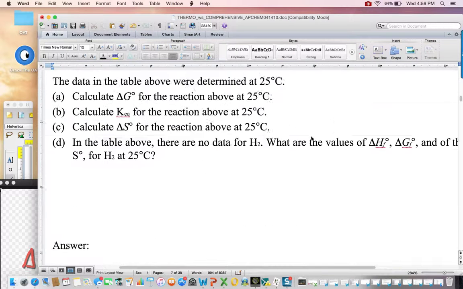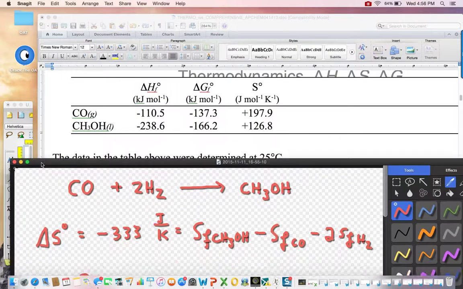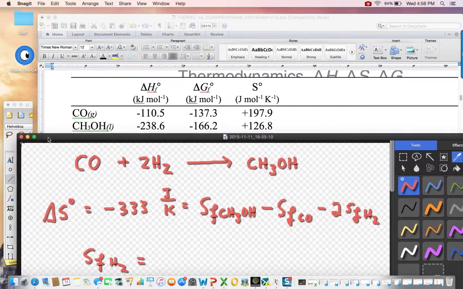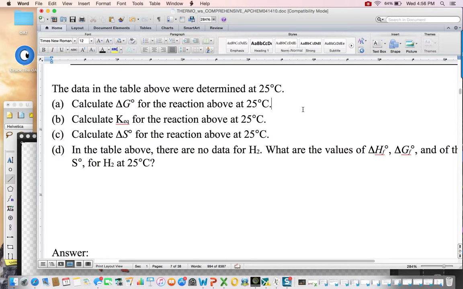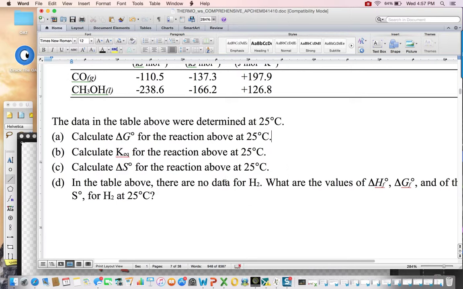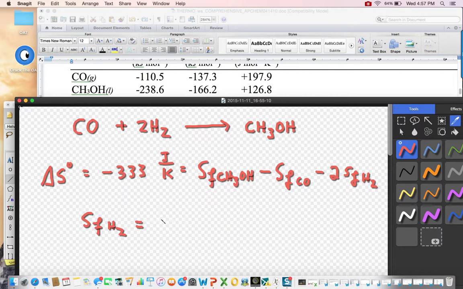So let's go back to our data table. This is 126.8. We have 126.8 minus CO 197.9.